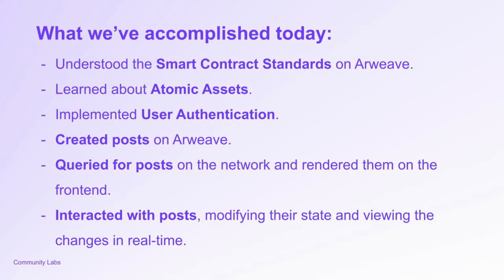We also learned about distinct data types like atomic assets, implemented user authentication helping onboard users from Web 2 to Web 3, created posts as atomic assets, queried for these posts on the network and rendered them on the front end, and interacted with these posts, modifying their state by making calls to the asset contract and viewing these changes in real time.